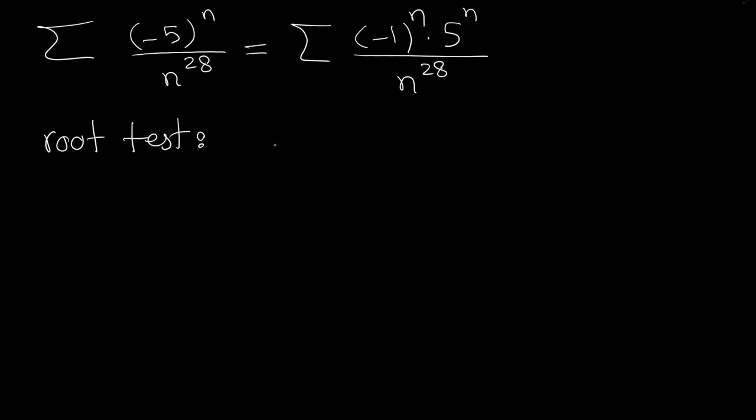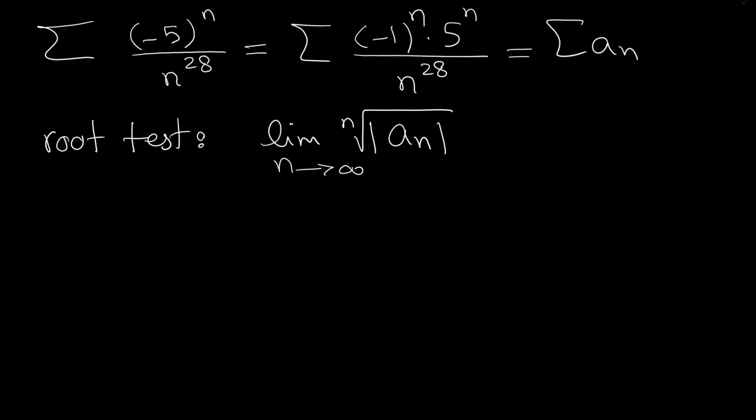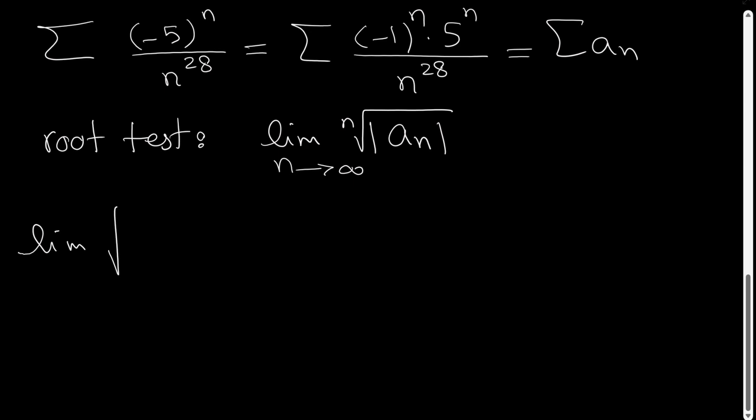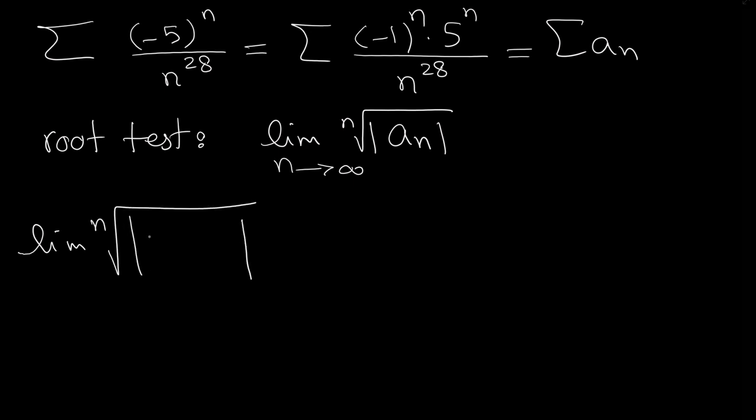By the root test, I'm looking for the limit of the nth root of the absolute value of a_n when n approaches infinity. So this is sigma a_n. Let's find the limit of the nth root of the absolute value of a_n, which is (-1)^n times 5^n, and the denominator is n^28, as n approaches infinity.